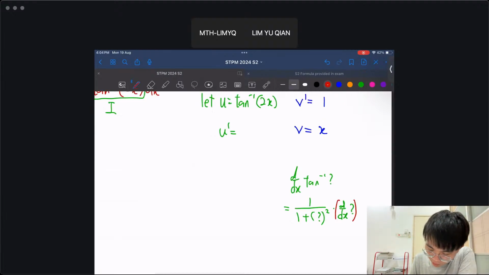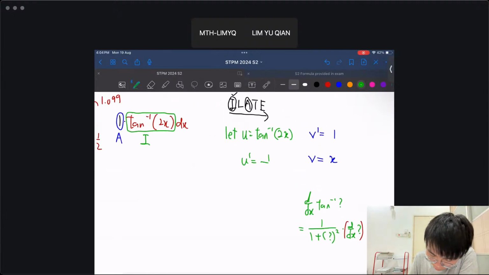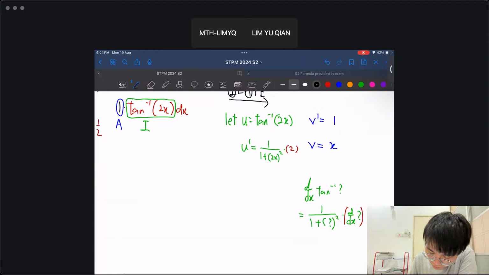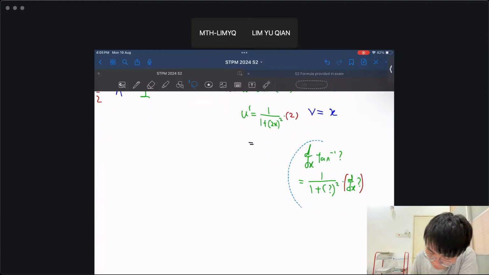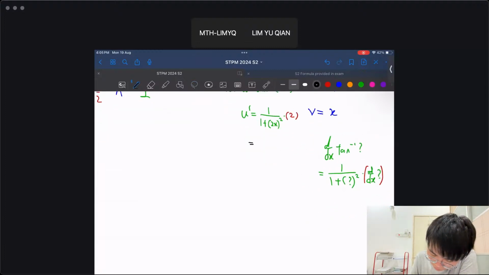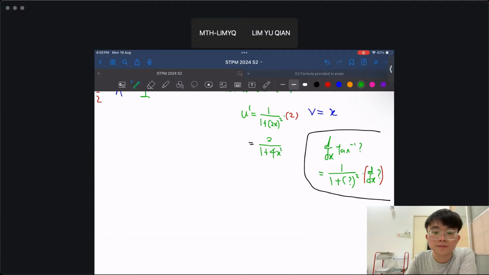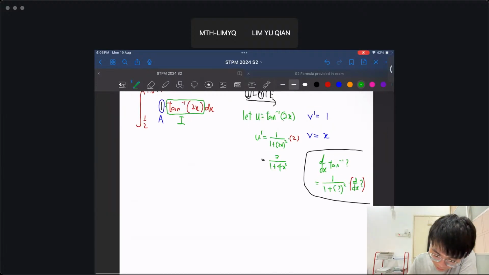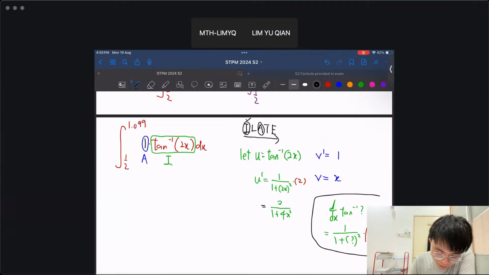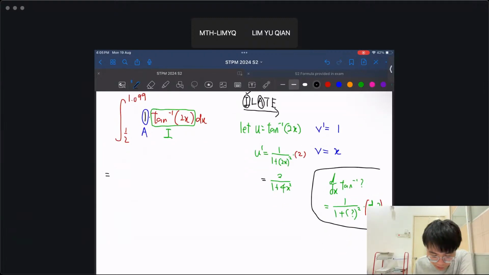So 1 over 1 plus 2x squared, multiplied by the differentiation of 2x, which is 2 only. So it is 2 over 1 plus 4x squared. Correct?